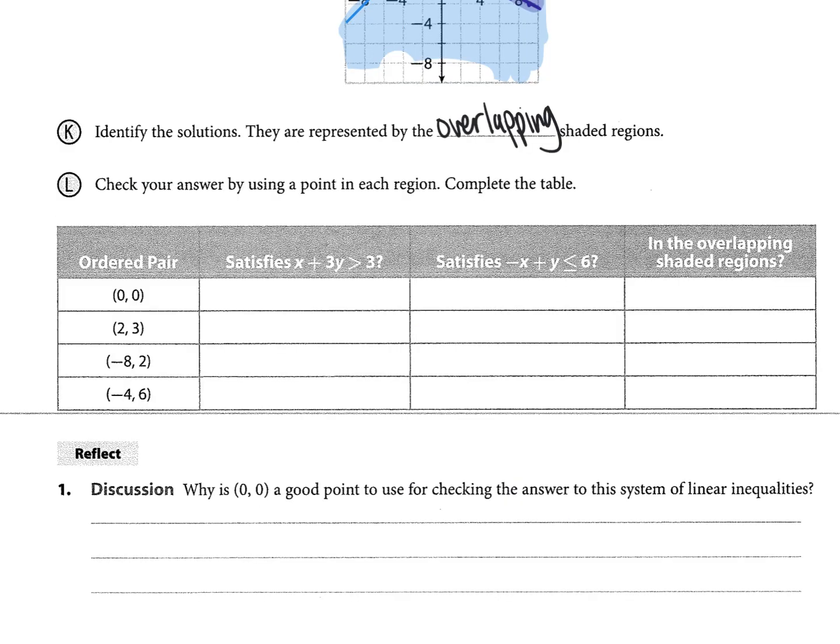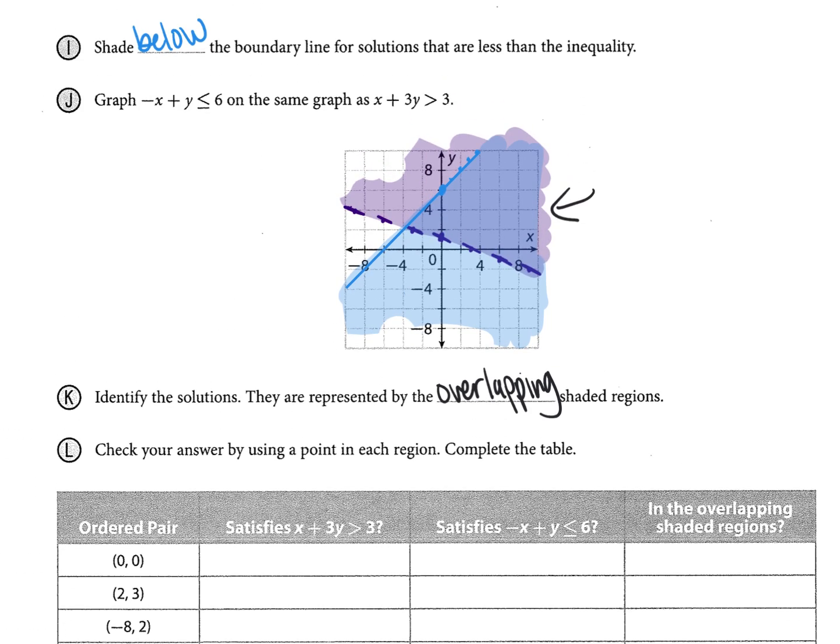Now we will check our answers by using a point in each of the regions and complete the table. So we're going to look at each of those 4 sections. (0, 0). Is (0, 0) in the overlapping shaded section? No. So it's only going to be a solution to 1. So we'll figure out whether it satisfies the first inequality or the second.